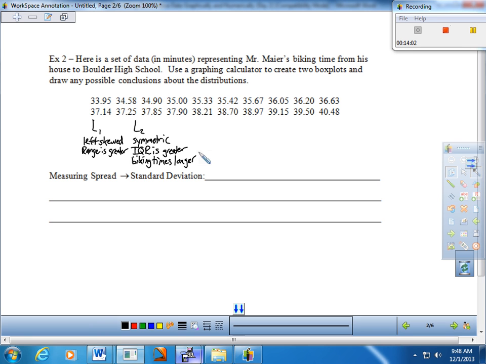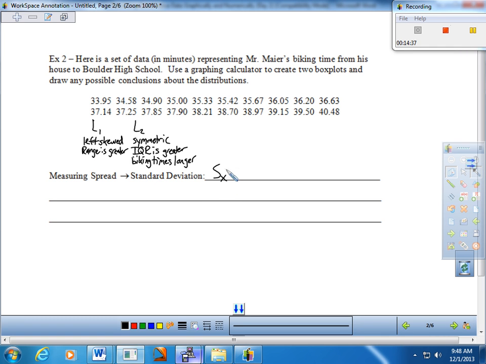Good. All right, well, let's move forward. On the previous notes worksheet, we found a way to talk about measuring spread, and that was with the IQR. And now we have a secondary way to talk about spread with what is called the standard deviation. The notation on this, everybody, is an S with a little x.